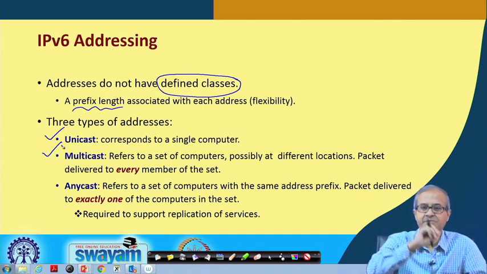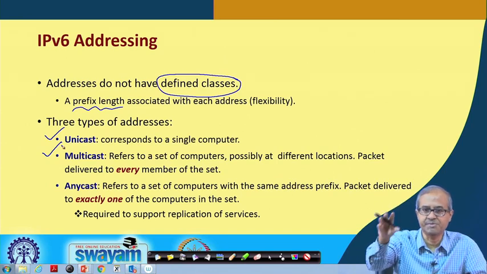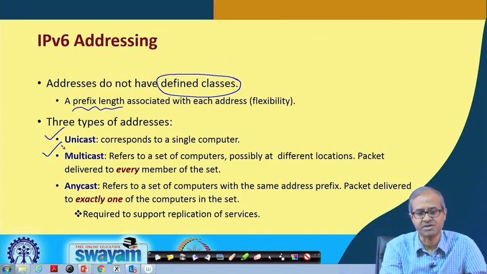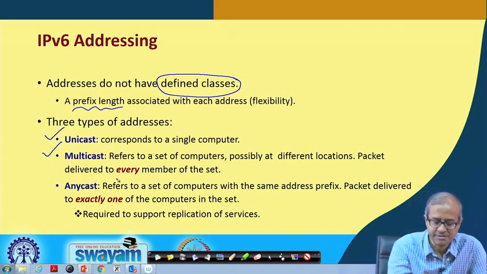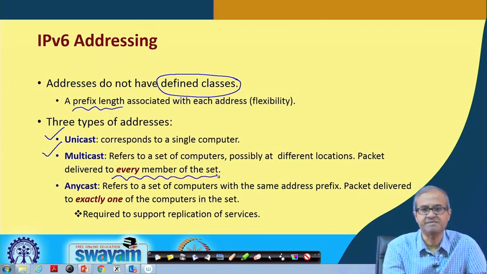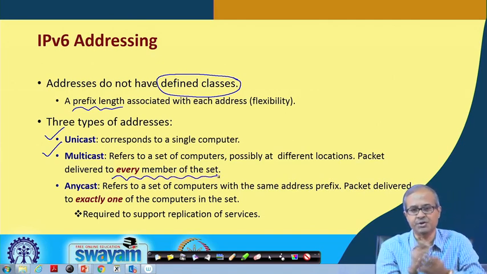You can say that I am sending a packet to a subnetwork, and it should go to all the computers inside that subnetwork. So, it must be delivered to every member of the set. The set is usually a network or a subnetwork.